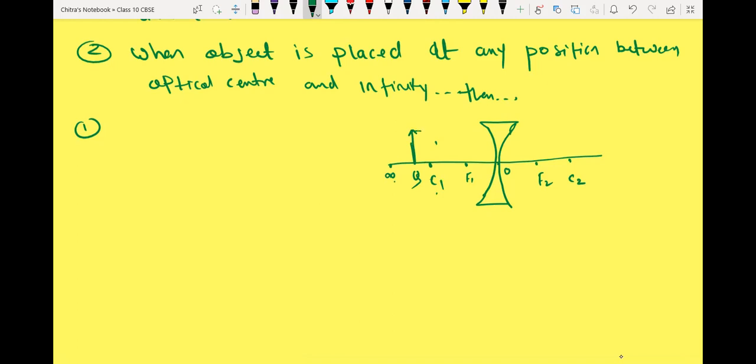One light ray will always pass parallel to the principal axis, and after refraction it will diverge like this. If you draw that line back, it will pass through the focus. The next light ray will pass through the optical center like this.